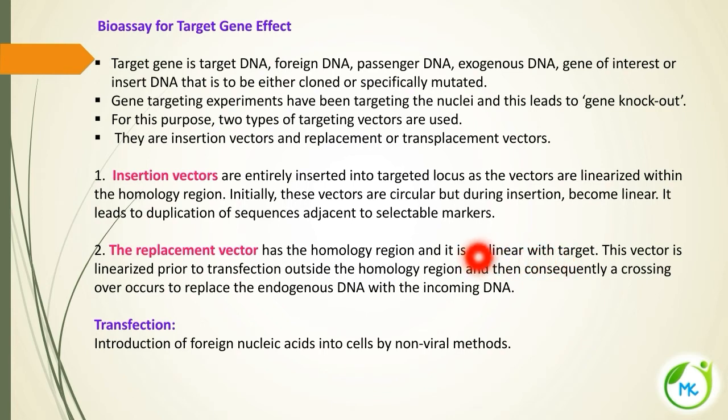That is, in the previous type, after it is inserted only it is made linear, but here after transferring it as a linear form, then only it will be inserted, and consequently a crossing over occurs to replace the endogenous DNA with the incoming DNA. So whatever we are going to insert is called the incoming DNA. So the endogenous DNA, the DNA that is already contained in the organism, will be replaced by the incoming DNA.